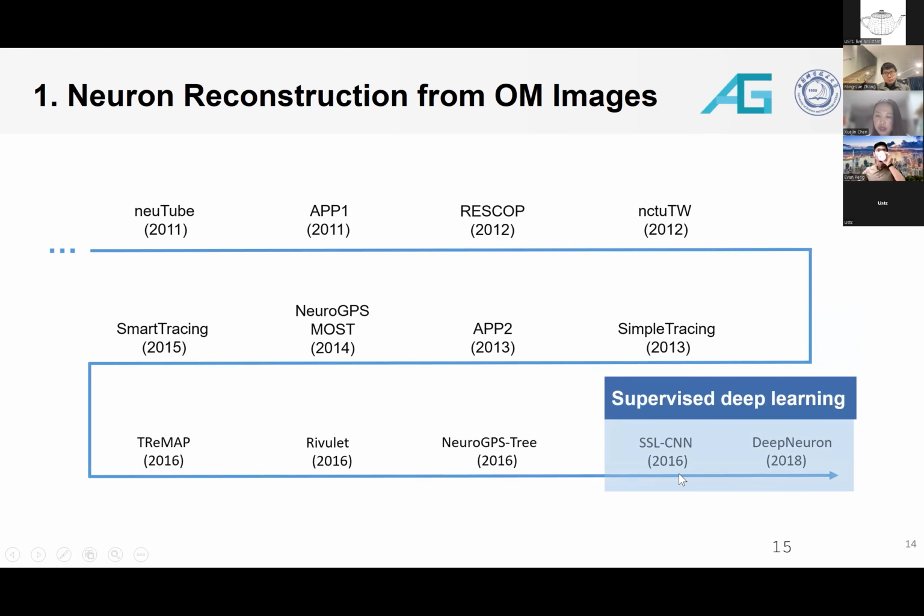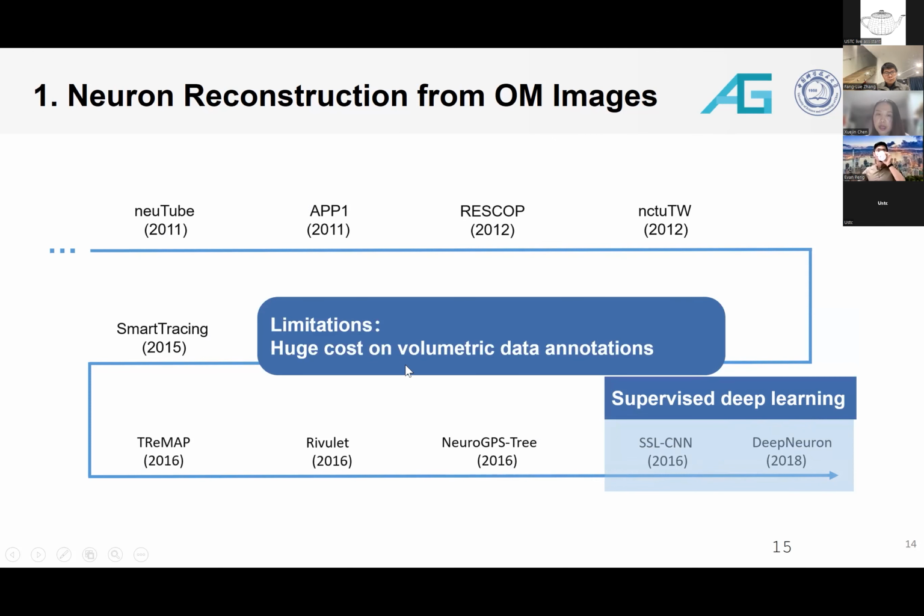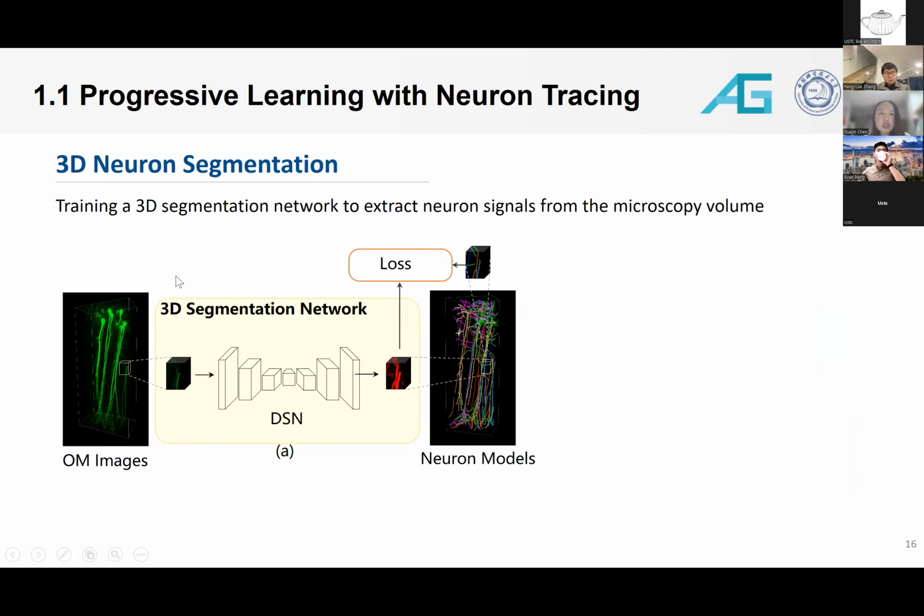Since 2016, there have been some studies applying deep learning, especially 3D segmentation networks, on the microscopic images, and they spend a lot of effort on data annotations. So we want to improve the segmentation and reconstruction performance without requiring more data annotation.